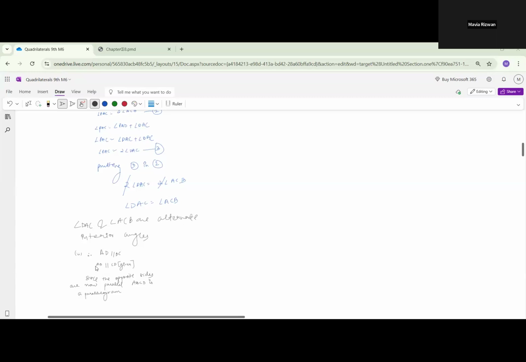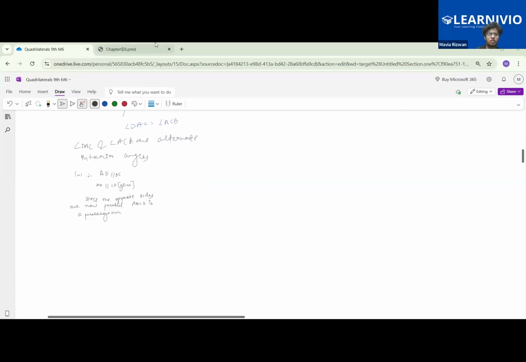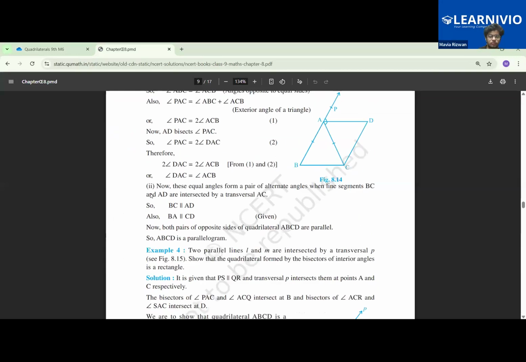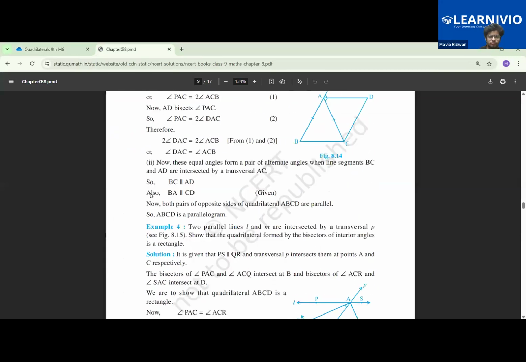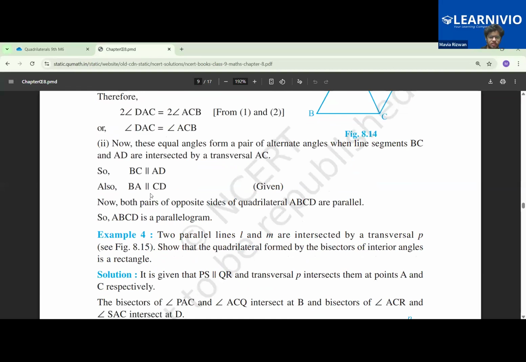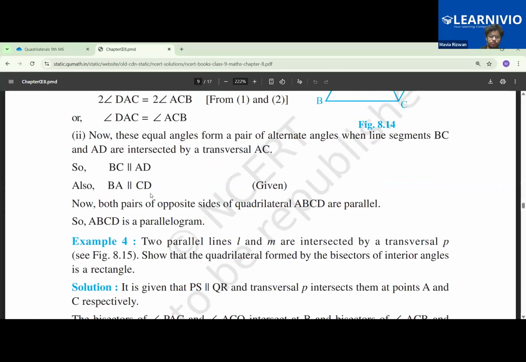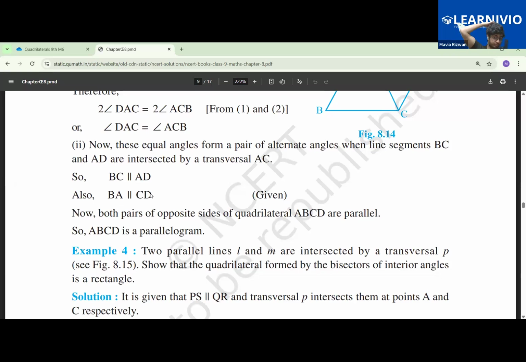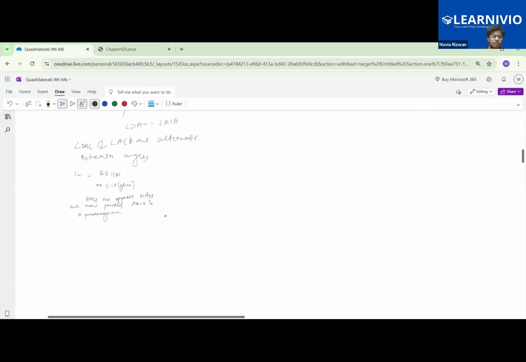Okay, now moving on, we have: two parallel lines L and M are intersected by a transversal P. Show that the bisectors of the interior angles form a rectangle. See, guys, they are saying two parallel lines.